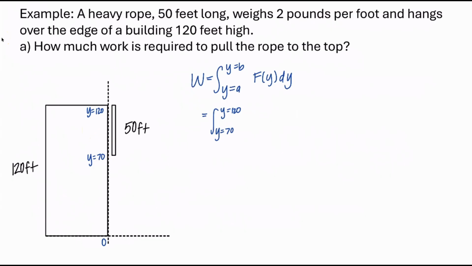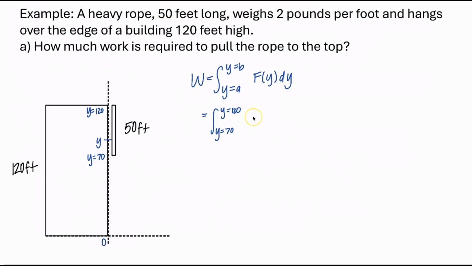Let's go ahead and pick a random y value here. The force is the weight of whatever's being lifted at that moment. Since the weight depends on how much rope is still hanging, and each foot weighs 2 pounds, if I start lifting some, the weight is going to decrease over time. So the force is going to change with the position.